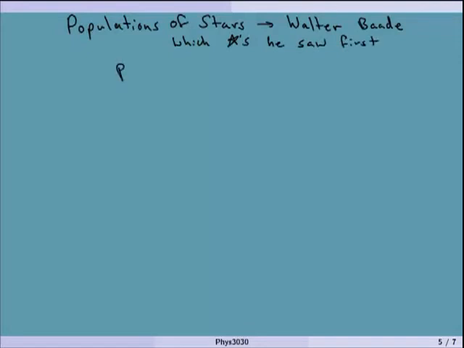So population 1, Pop 1 stars, have heavy elements in them, like carbon and even heavier elements than that. They're young, and they're near to us.